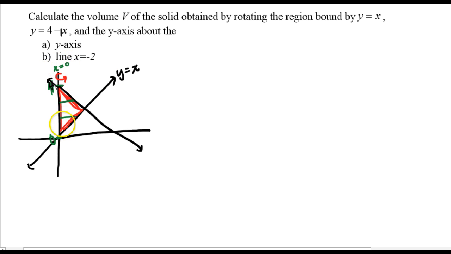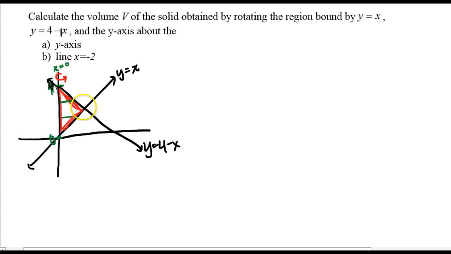But if I pick this line up here as my radius, now the right function is 4 minus x, this line with negative slope. So now right minus left would be different. So that indicates that I need to break up my integral to find the volume into two separate integrals.